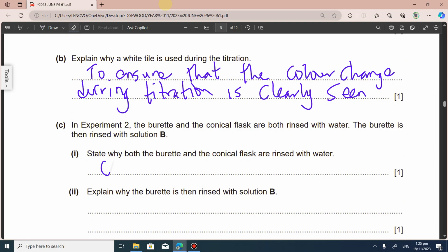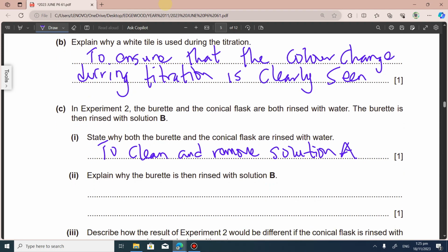The essence of doing that is to clean and remove solution A, so that the apparatus doesn't interfere with the results.